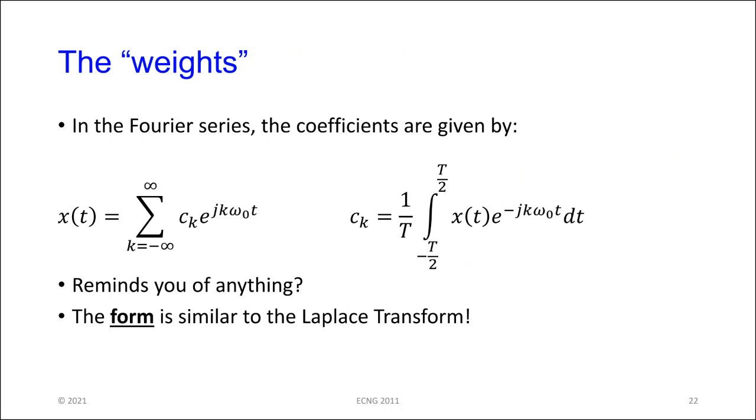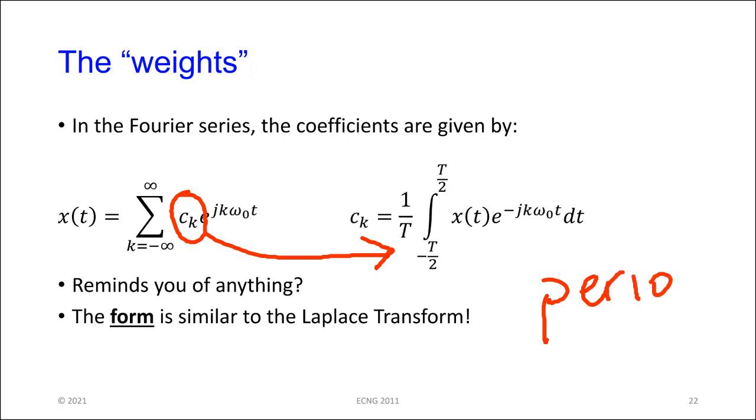Now, in the complex exponential form, we're not doing the derivation of that, but how you calculate CK is by an integral. So the weight or the coefficient CK, for any signal, you take the signal and you multiply it by e to the j k omega naught t, and you're integrating over the period, because remember, the Fourier series deals with periodic signals.